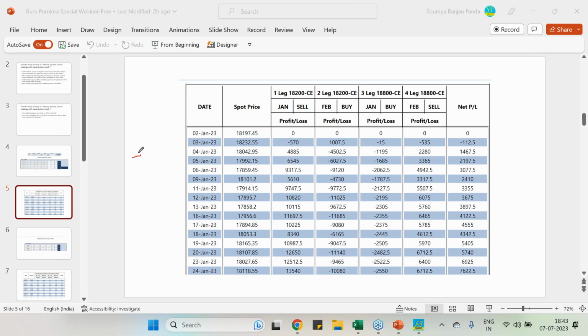Let the market open, add 200 points plus or minus, and after 300 points plus has happened, take it. After 2 days, after 3 days, take it. That also you can do. If it goes minus, we cannot do anything, because if the market itself has fallen we cannot do anything.